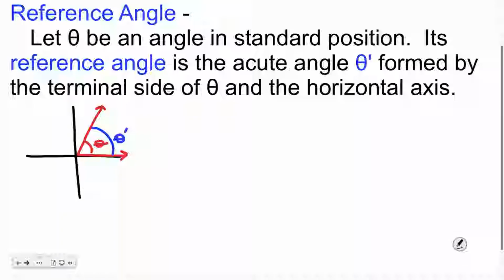In the second quadrant, we're talking about the angle to the x-axis. We'd be talking about this guy right here. How would we calculate that in radians?